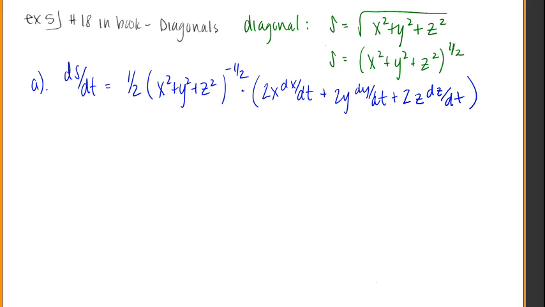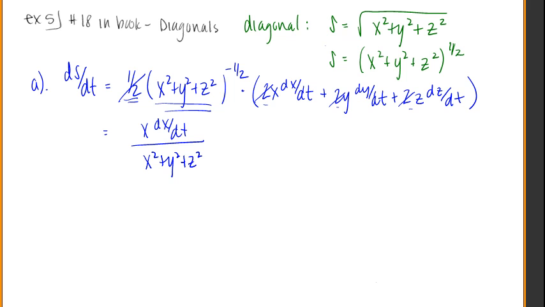Okay, and if we wanted to, we can go through the whole process of cleaning it up. You notice how the 1/2 out in the front is going to be multiplied by all of these 2's inside of here. So if we wanted to, we can cancel all those 2's off and cancel that 1/2 away. And then since this is to the negative power, we could write all of these as x dx/dt over x squared plus y squared plus z squared.